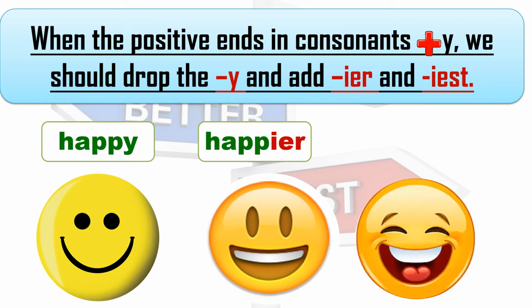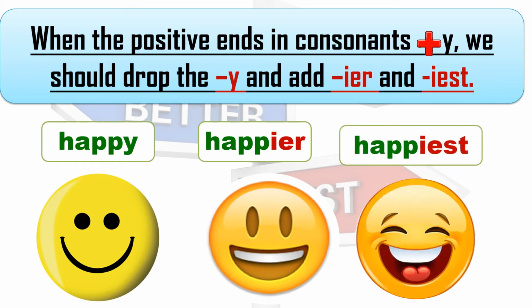Positive, comparative and superlative. Here we have dropped Y and added IEST. So when the positive ends in consonant plus Y, here it should be a consonant, then we have to drop that Y and add IER in comparative degree and IEST in superlative degree. Got it clear? Let's move to the next rule.